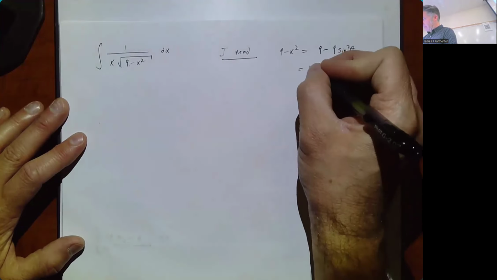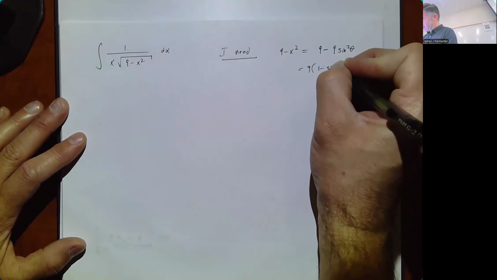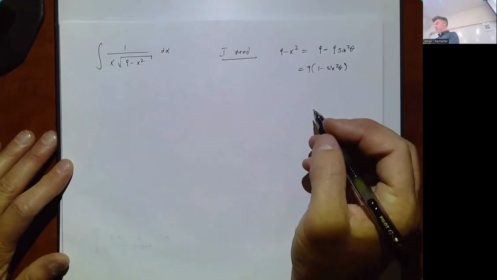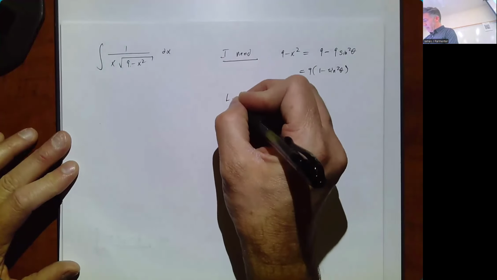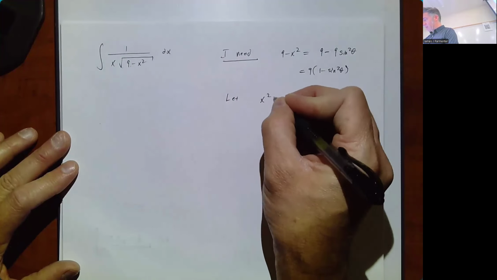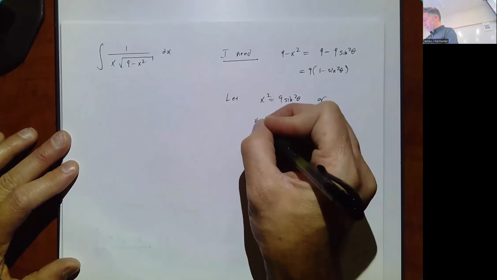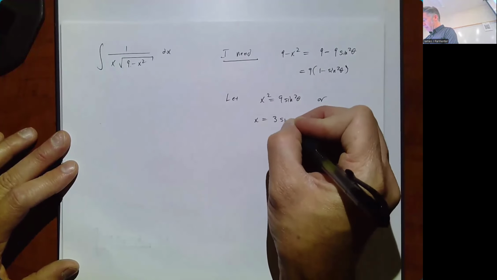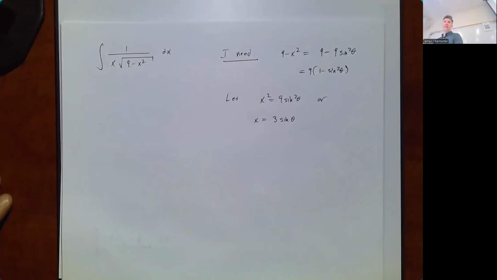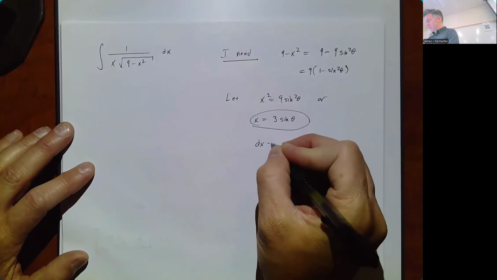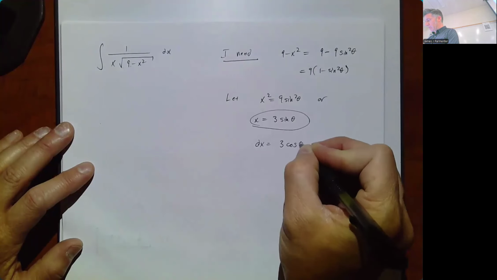So that's really 9 times 1 minus sine squared, which is going to be then 9 times cosine squared. Which means I need to let x squared equal 9 sine squared, or really x equal to 3 times sine theta. I need that coefficient of 3 to make sure that the trig identity actually works out the way I need it to. So x is going to be 3 sine theta, and then dx is going to be 3 times cosine theta d theta.